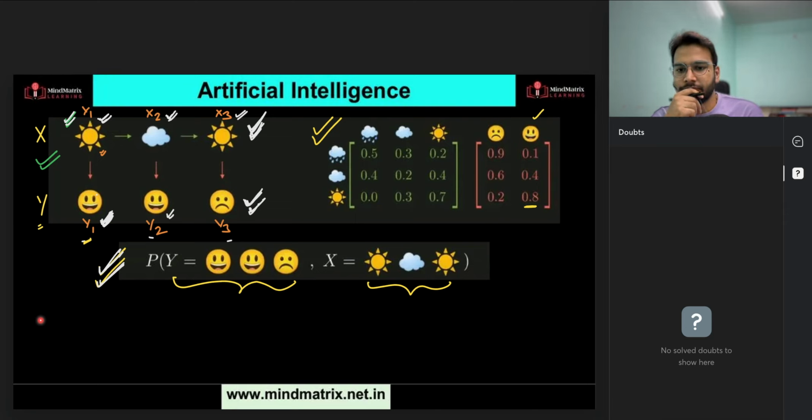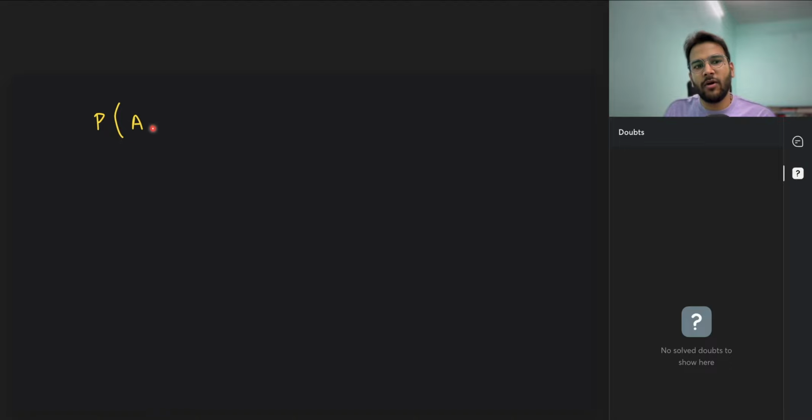In general, how do we expand? Manjunath, if I simply ask you what is probability of A comma B, that is nothing but probability of A intersection B.